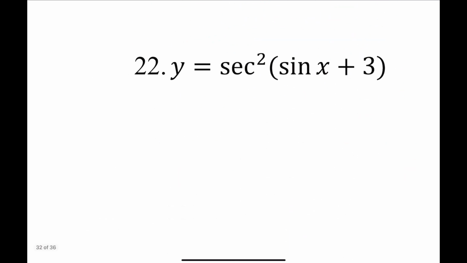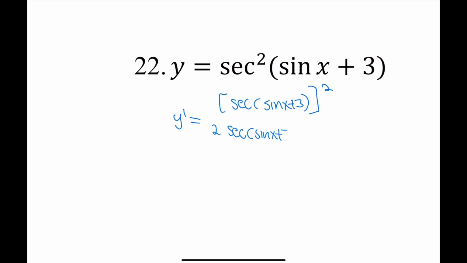Number 21, second to last one. Y prime equals secant, so since this is secant of sine x plus 3 to the power of 2, like everything to the power of 2, so 2 comes out to the front and secant of sine x plus 3. And then chain rule, so secant sine x plus 3 times tangent sine x plus 3.